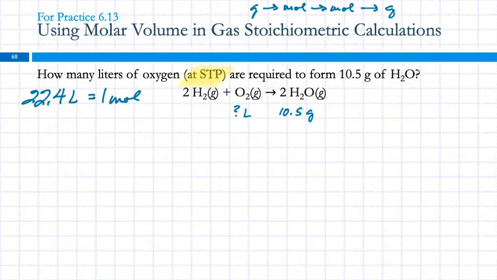Let's try that again. There's a reason it wasn't making any sense, because there's my second big mistake for the day. What are we starting with? We're starting with H2O. Grams of H2O. I don't know why, I just did it completely backwards.